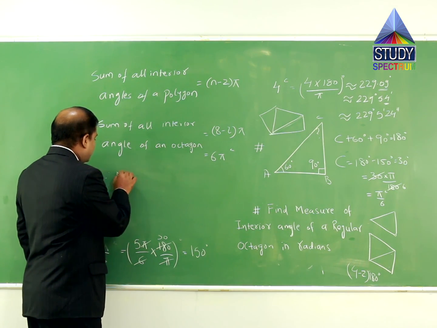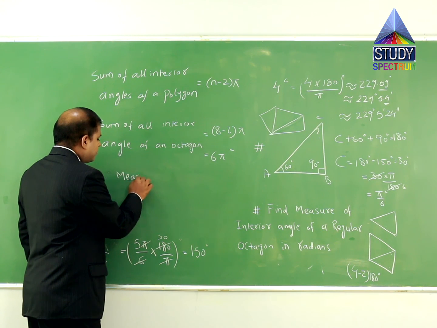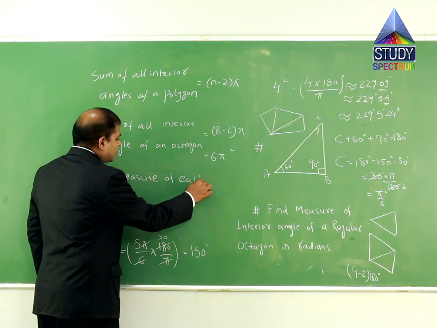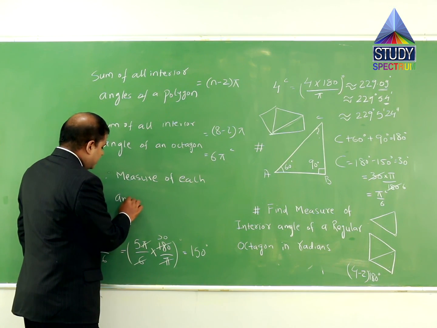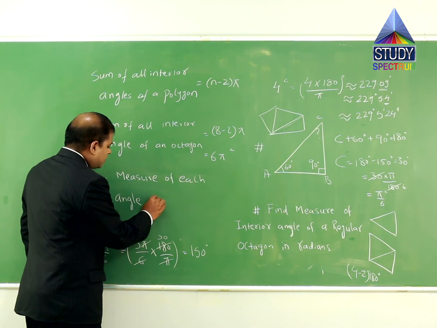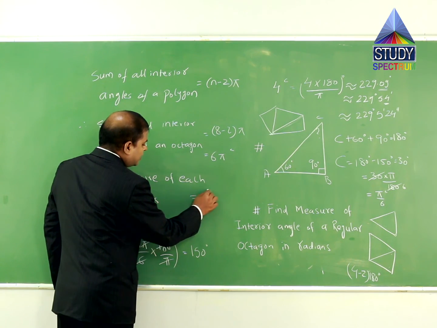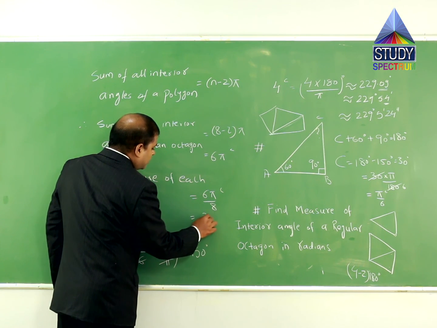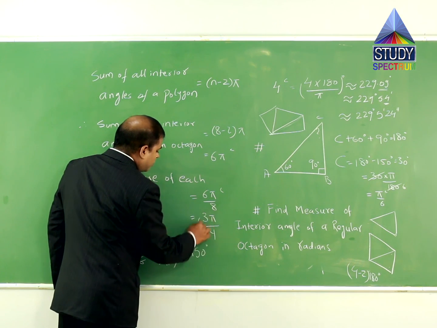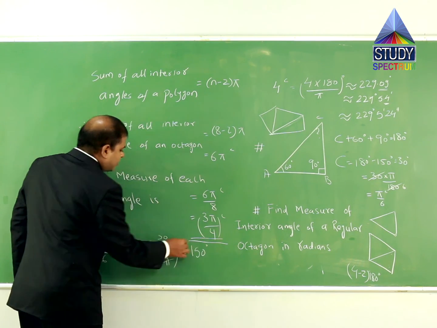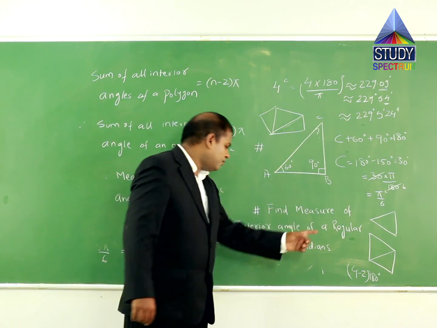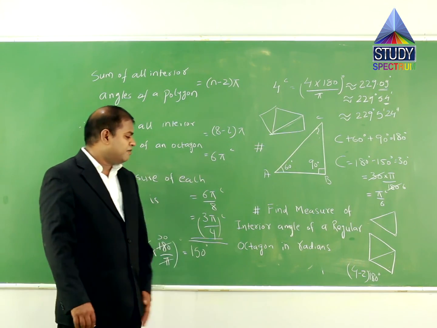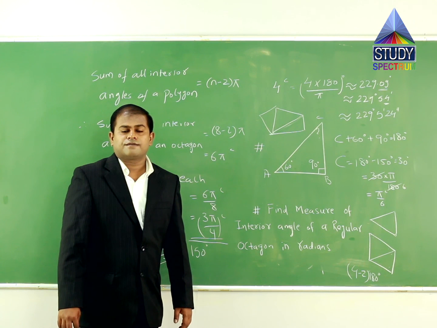Therefore, the measure of each interior angle, remember, is 6 pi by 8 radians. That is 3 pi by 4 radians. So that's your answer. So the measure of interior angles of a regular octagon in radians is 3 pi by 4 radians. Right?